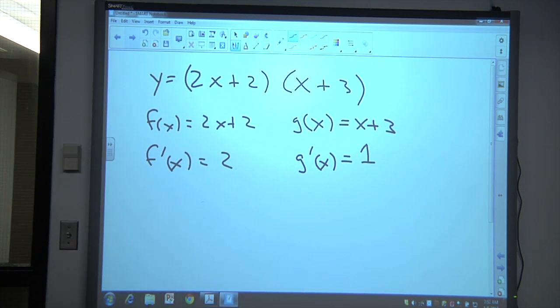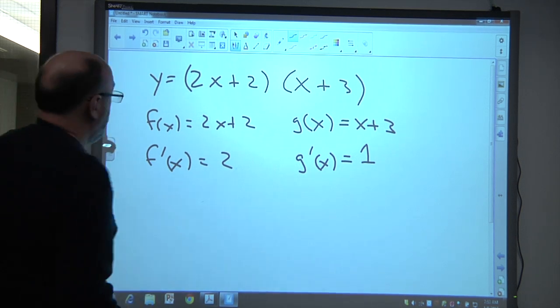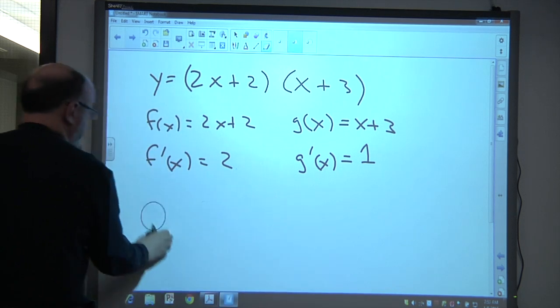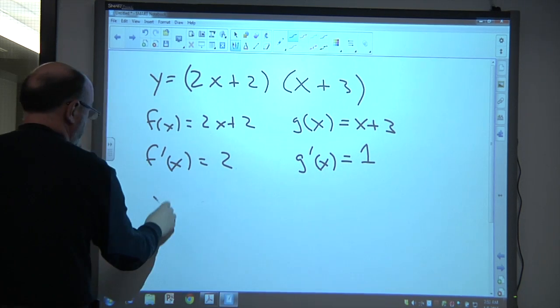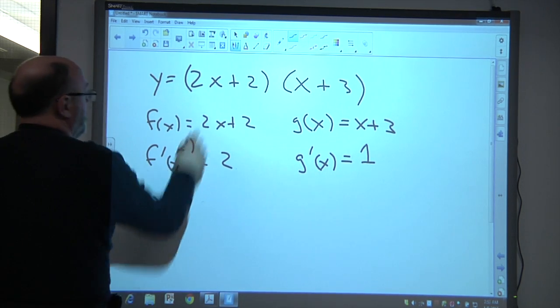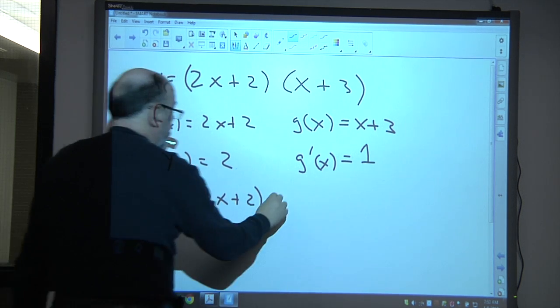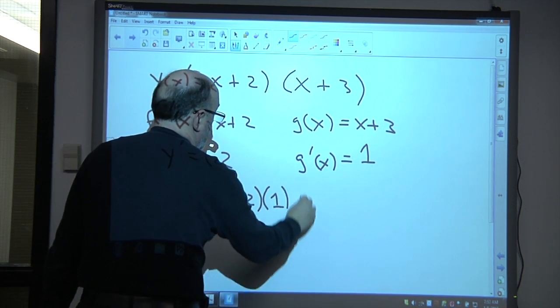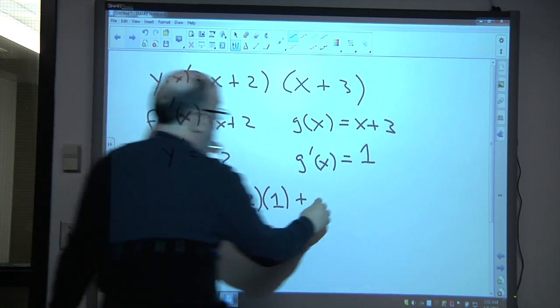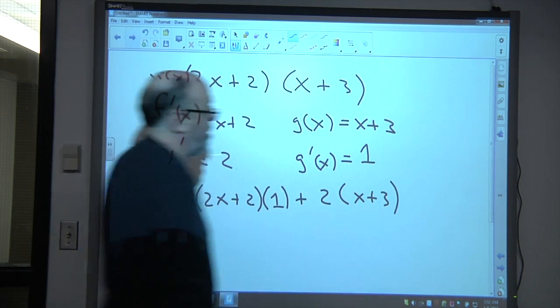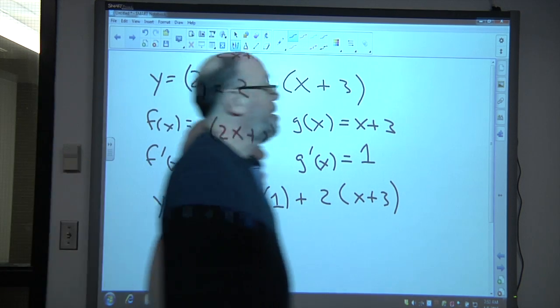And now we're going to just take the pieces and plug them into the format for the product rule. So my derivative, and let's actually do it y prime, is going to be the first one times the derivative of the second one, plus the derivative of the first times the back piece.